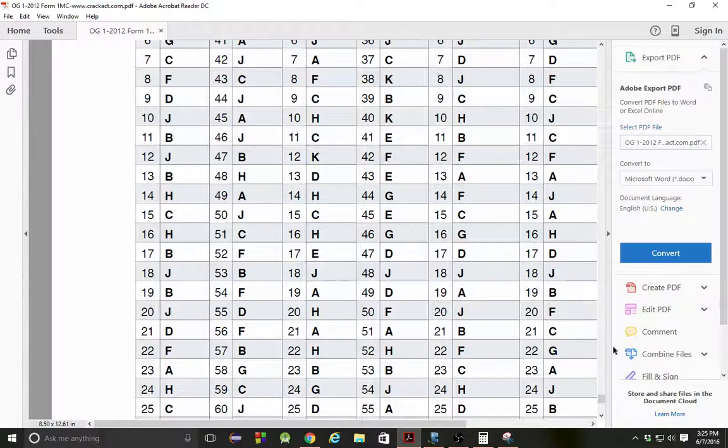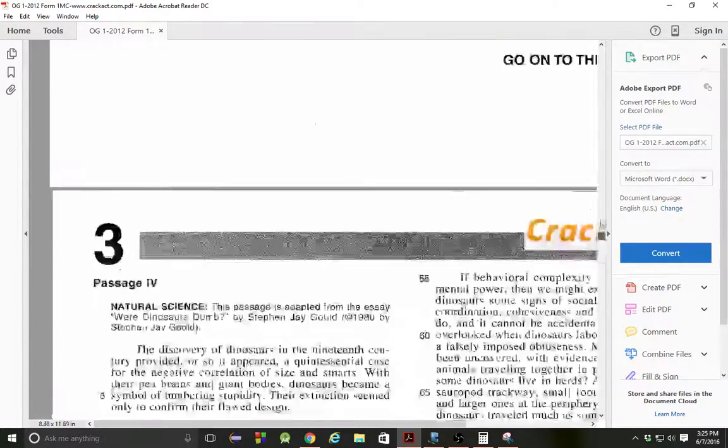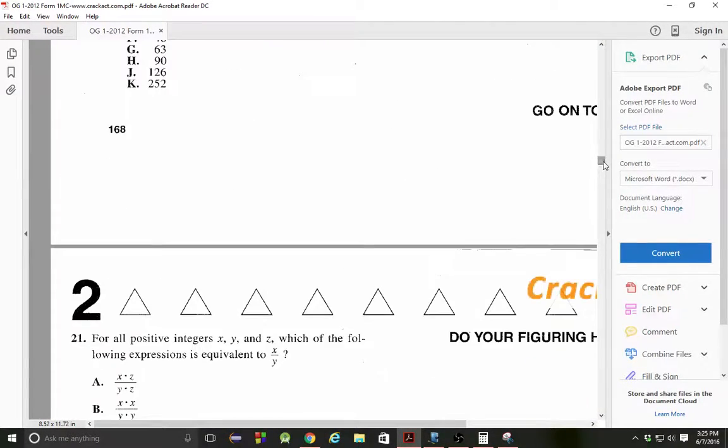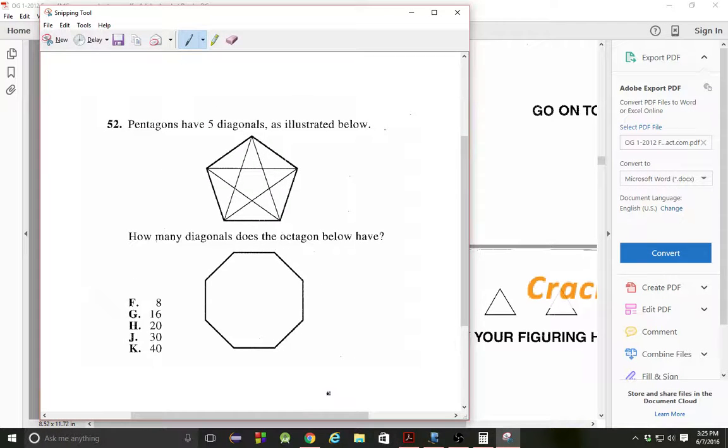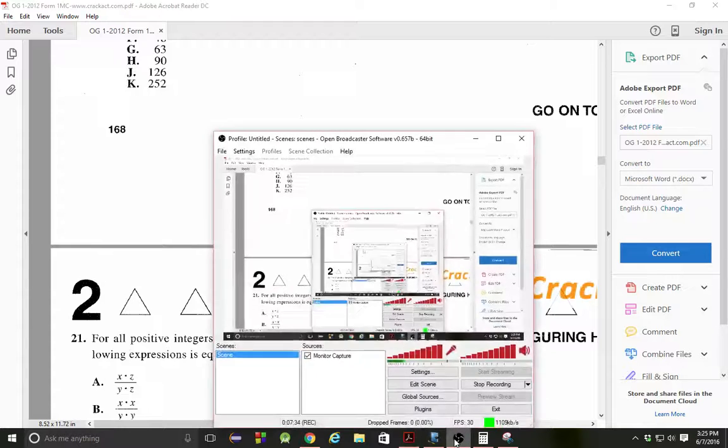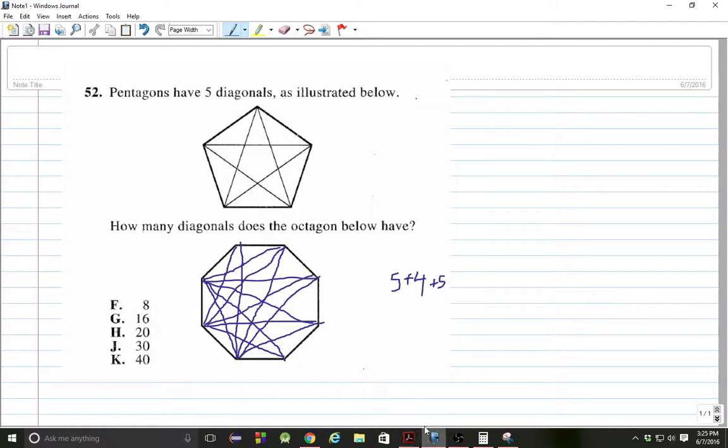Answer is H. So that's 20. Well, I suppose as we're drawing, we can make estimates, and based on this, you can see that it's probably going to be more near 20. But there's an algebraic way of doing this, I'm sure.